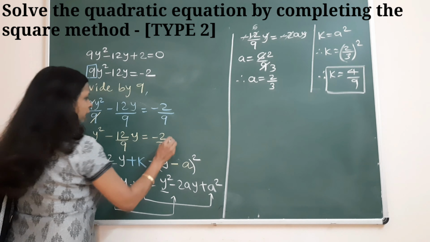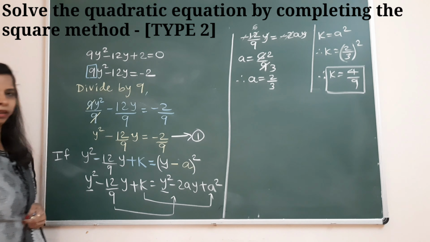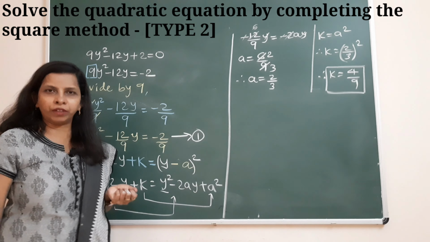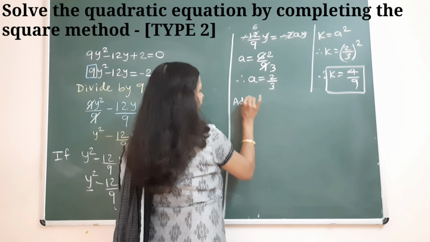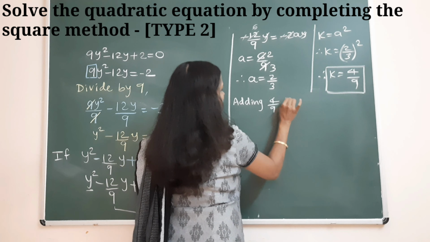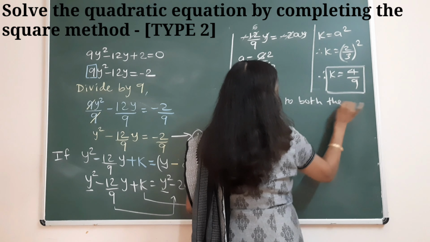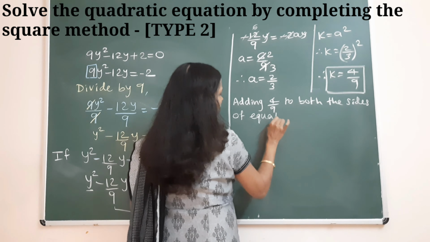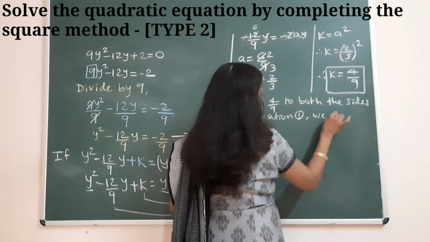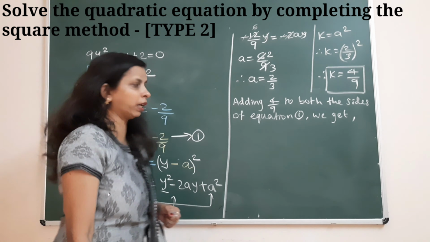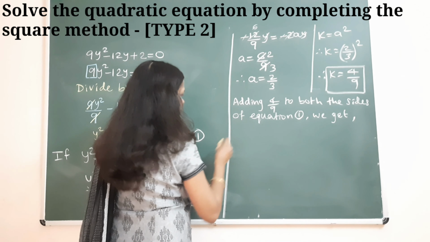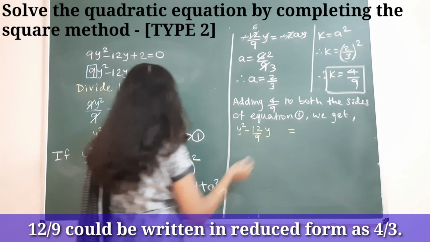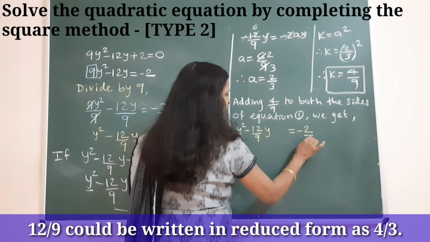We'll consider this equation as 1. Now add the value of k to both the sides of equation 1. Adding 4 by 9 to both sides of equation 1, we get y square minus 12 by 9y equal to minus 2 by 9.